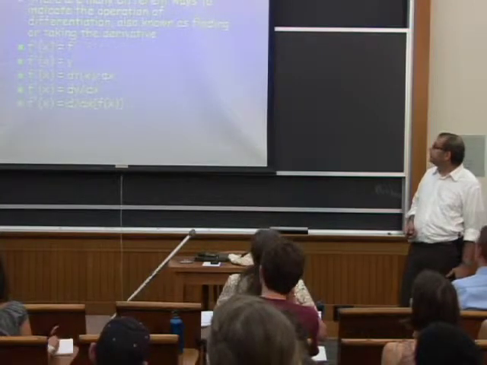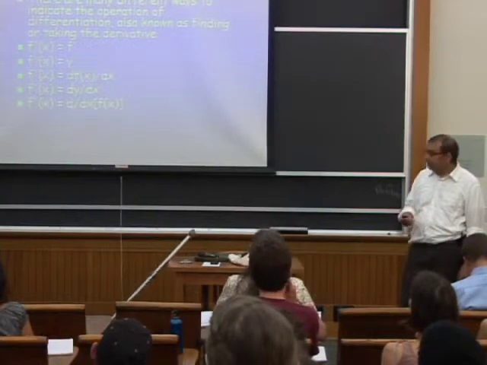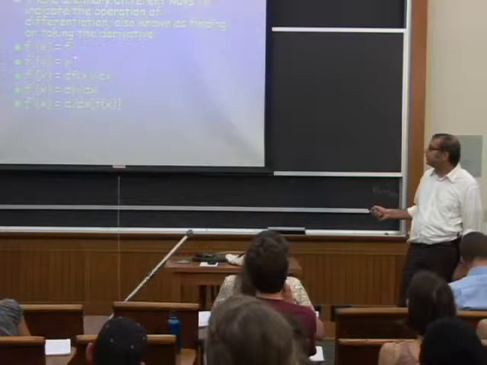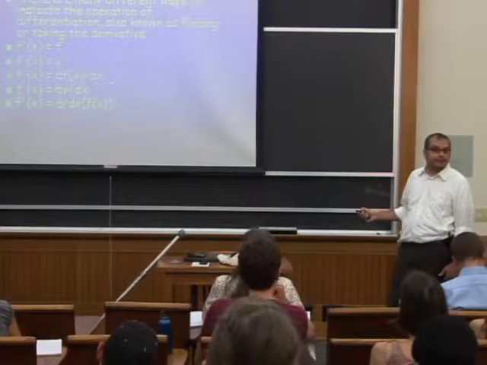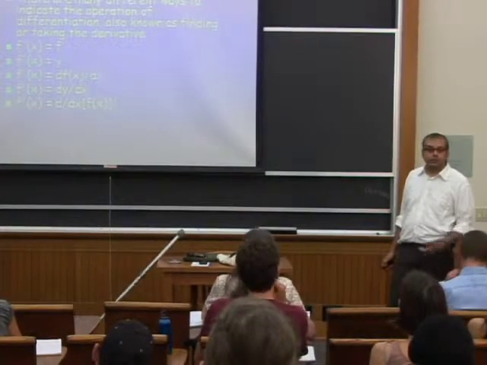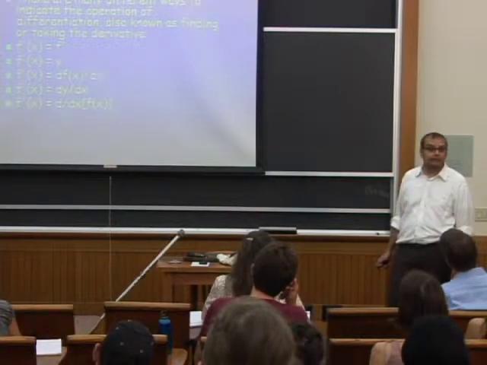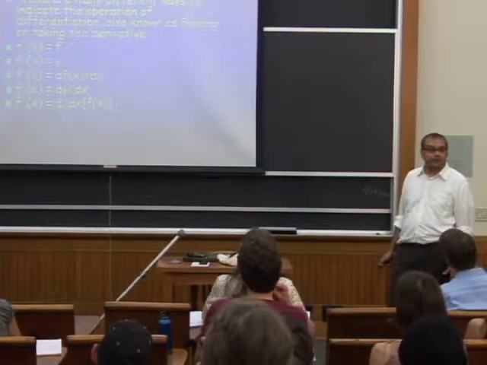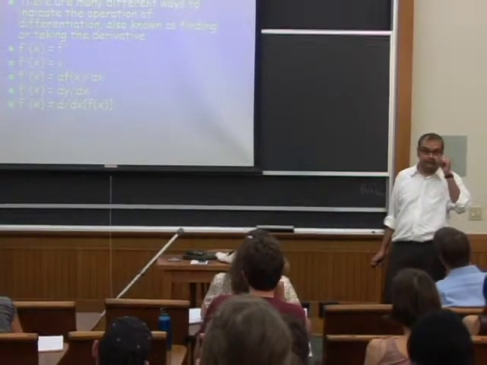Just some notation. There are lots of different ways of denoting the derivative, and they're all interchangeable, and you should just get used to seeing them in their myriad forms. Remember, we're learning math driving around in the back of a pickup truck. So when you do that, it gets a little annoying to have lots of different names for the same thing.